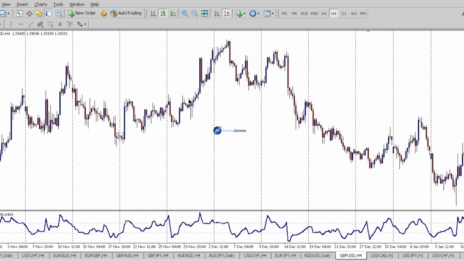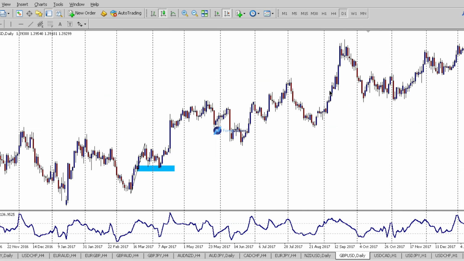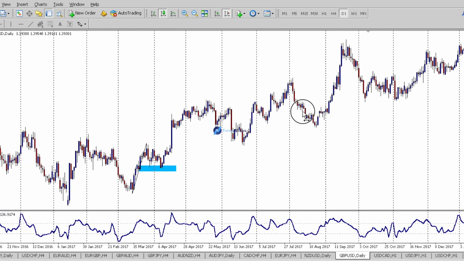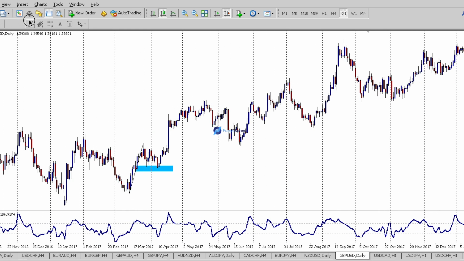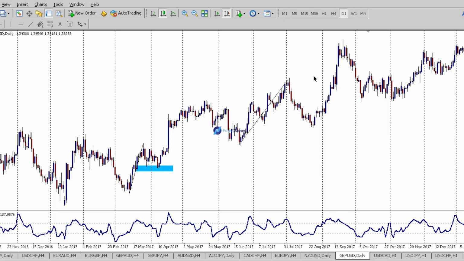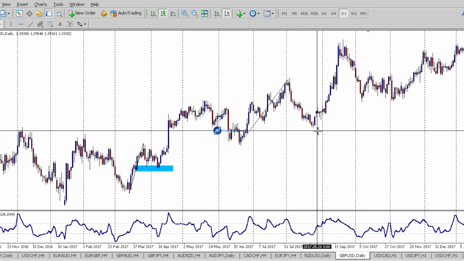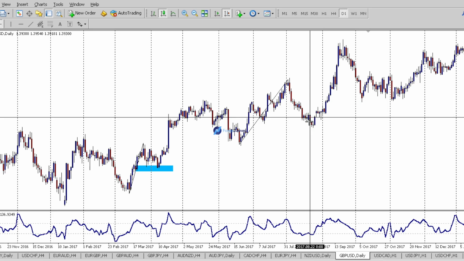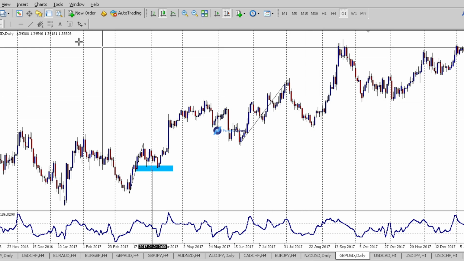Let's see. Zoom out further. Right here, again, this is a strong uptrend, an up move. We'll be looking at when to re-enter to join in this uptrend.